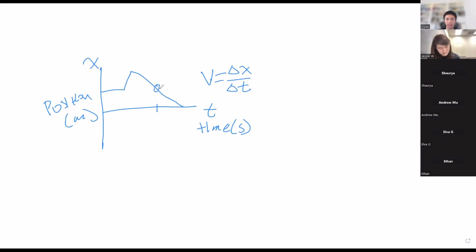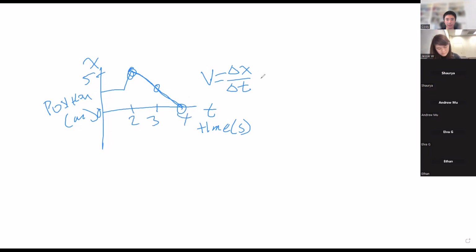Since this is physics one, you just find the average velocity because you haven't learned calculus, so you don't have to take the derivative or anything. Assume this is a straight line. You take this point and this point, and let's say this is 5, this is 0, this is 2, 3, 4.